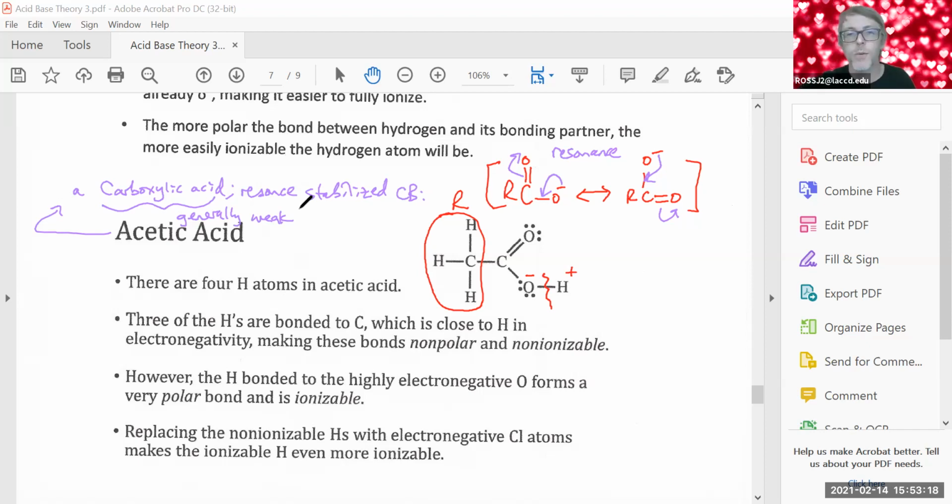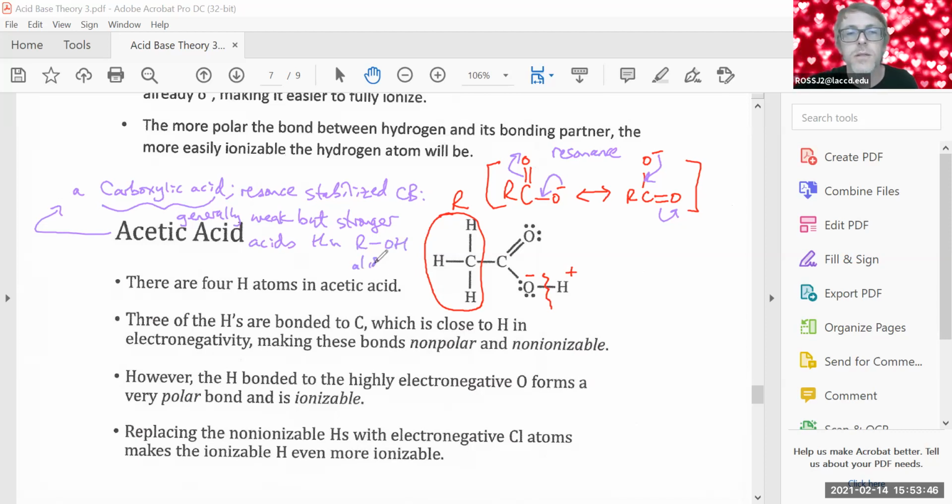So for example, because of this resonance stabilized conjugate base, they're generally weak but stronger acids than chemicals with just an OH group. So typically alcohols.